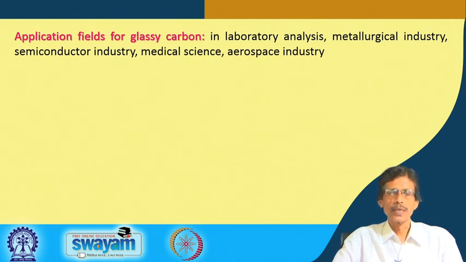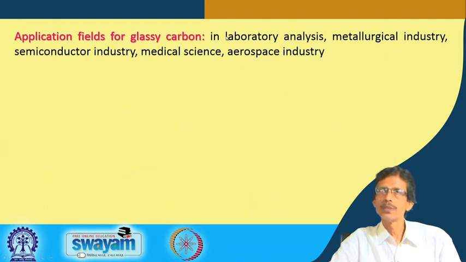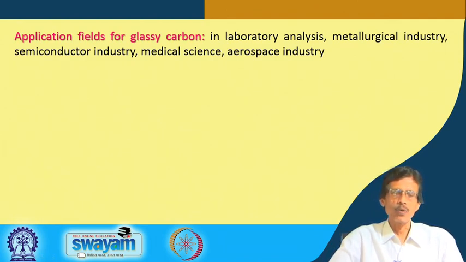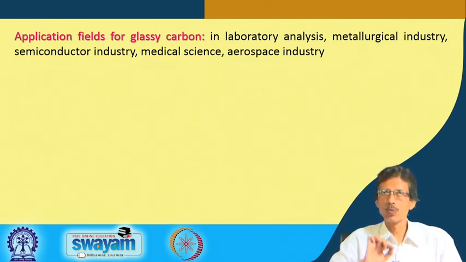So, the application of glassy carbon is in different types of laboratory analytical procedures, because activated charcoal or any other thing can be used, and as I told you, GCE we can use in making the corresponding electrode for cyclic voltammetric measurements. So, glassy carbon is one of the electrodes for your CV measurements.